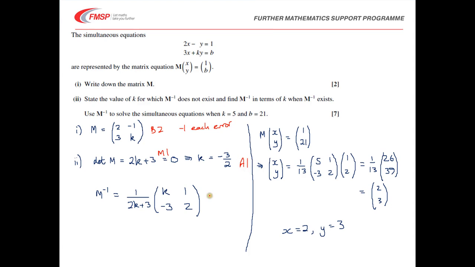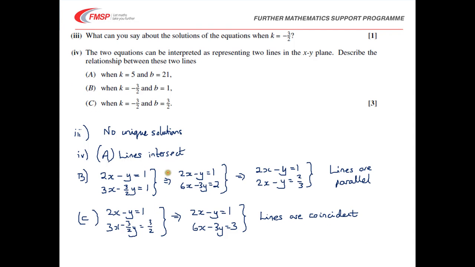For finding the inverse, there's then just a single mark, because of course you've already found the determinant. And then there's a method mark and an accuracy mark for writing down the correct equation to solve there, and an accuracy mark for getting out the correct solution.